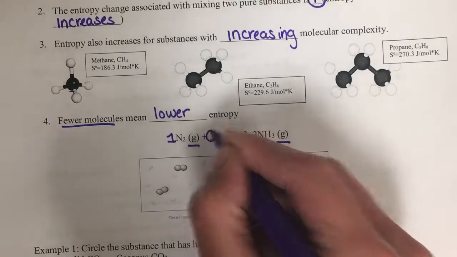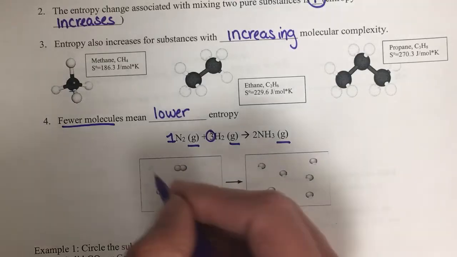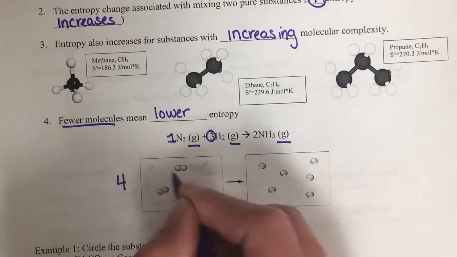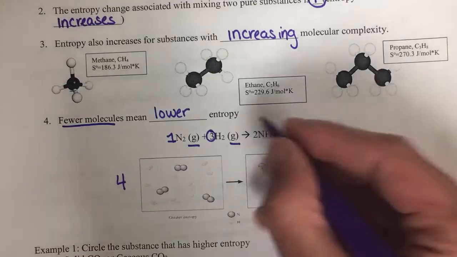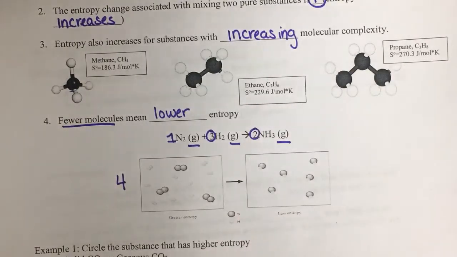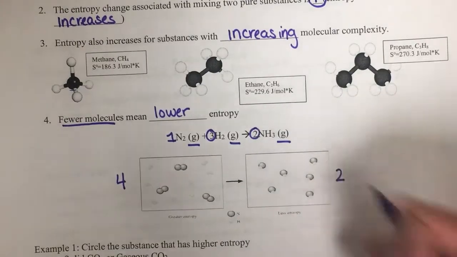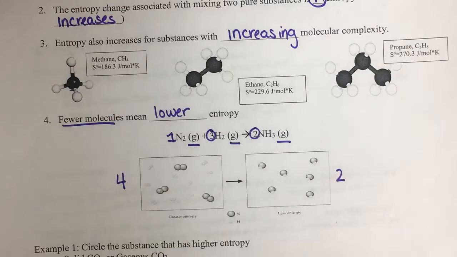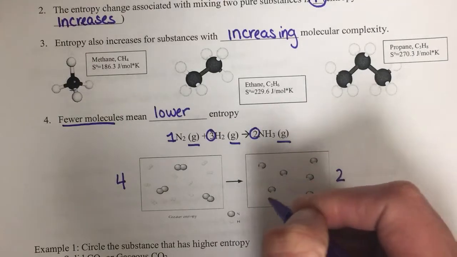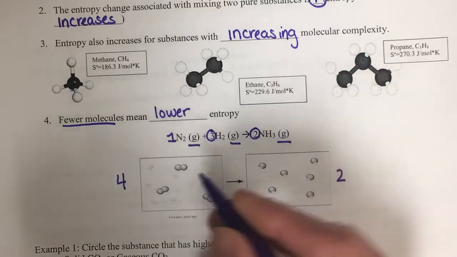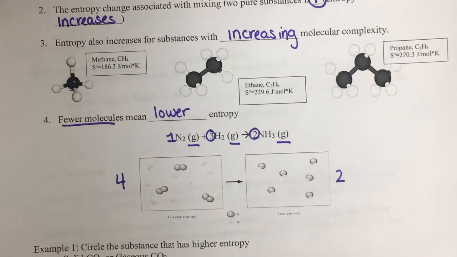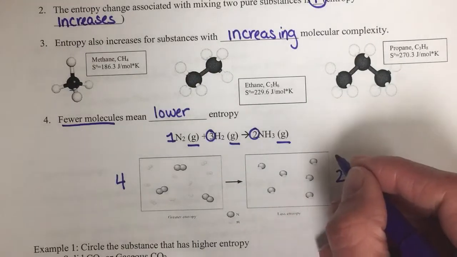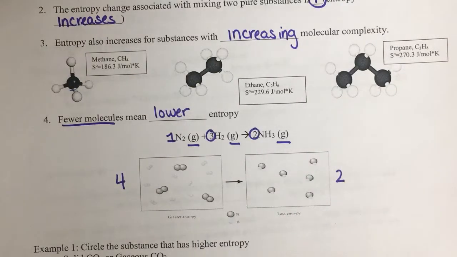I've got 3 molecules of hydrogen. So I have 4 different molecules over here. Over here, I'm making 2 molecules of ammonia. Now, I have a lot less stuff floating around. My mixture is going to be less random, so I've got lower entropy.